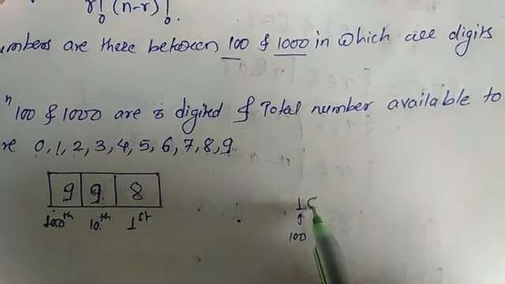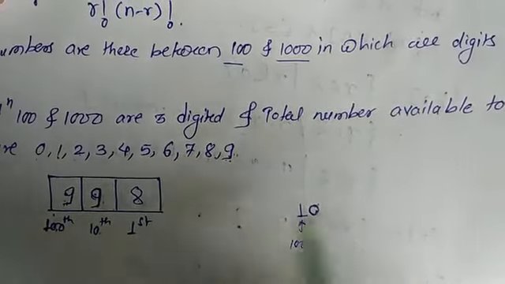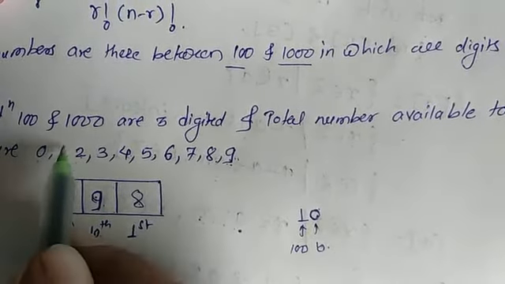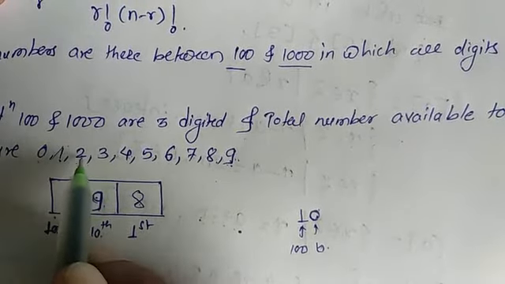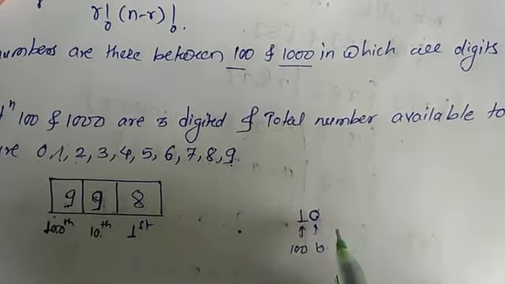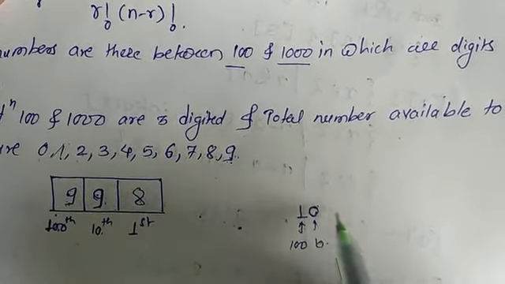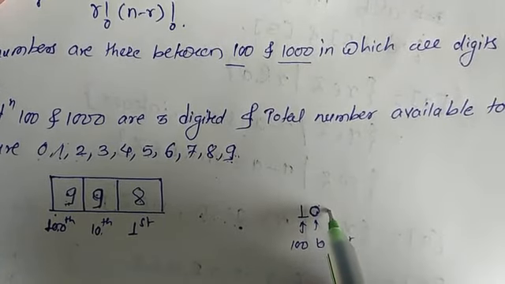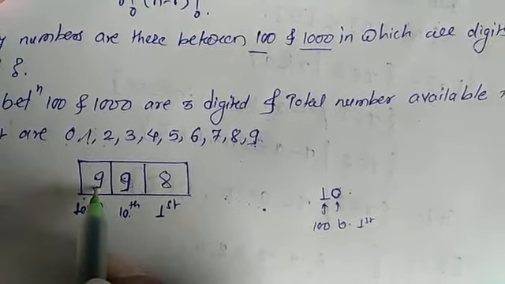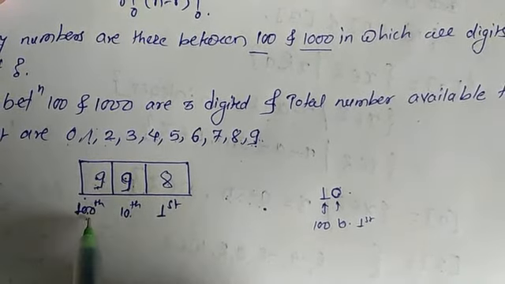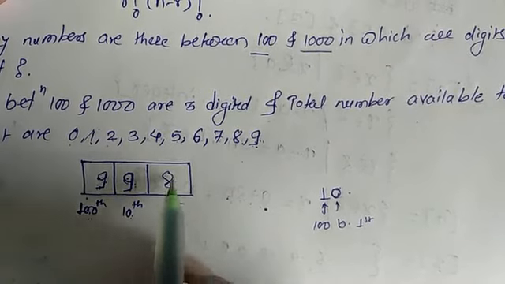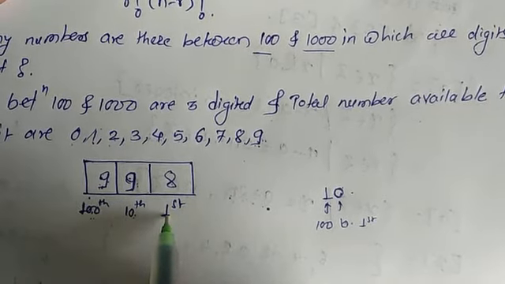If I consider 0 at the 10 place, then 0 and 1 are used, so the remaining numbers 2, 3, 4, 5, 6, 7, 8, 9 are the 8 possibilities at the unit place. So there are 9 possibilities at the 100 place, 9 at the 10th place, and 8 at the unit place.